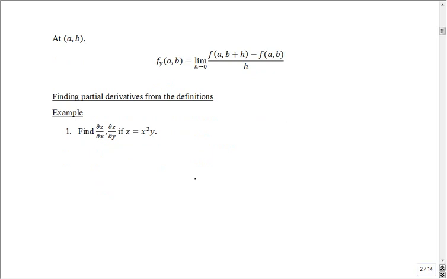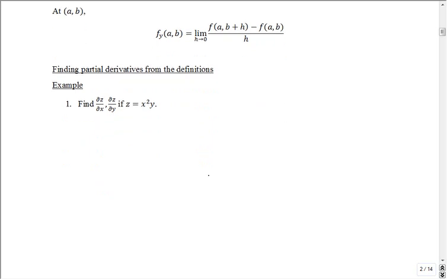Let me write the definitions again. We want to find first with respect to x, so write down the definitions. So you can put the partial z with respect to x. Make sure you put a curly d like that. Do not put it straight, because if you put it straight, that is the actual derivative from single variable calculus.